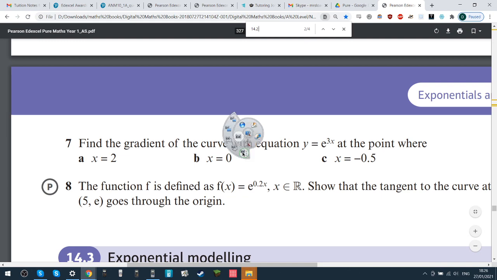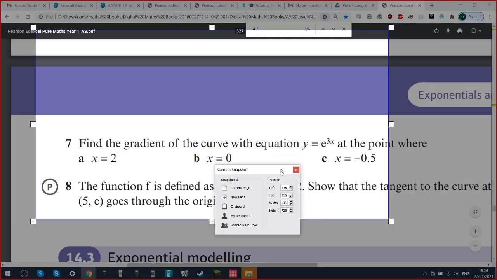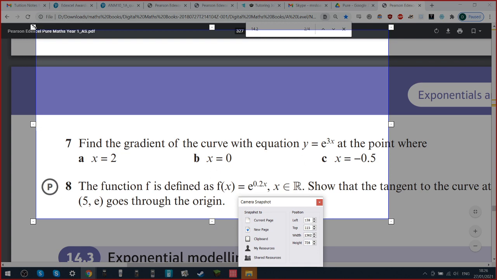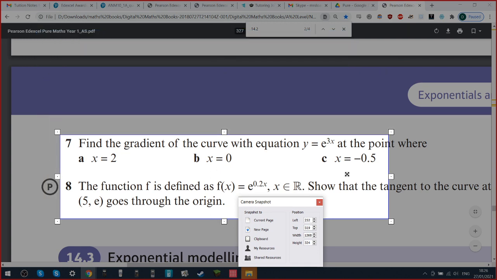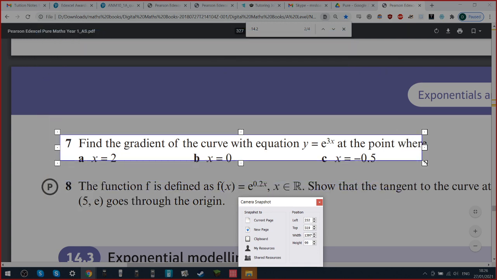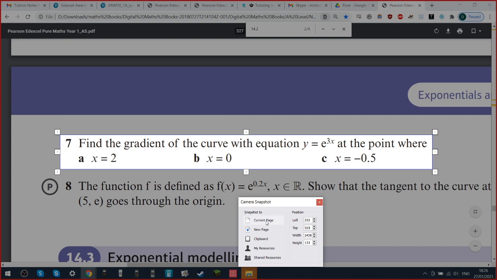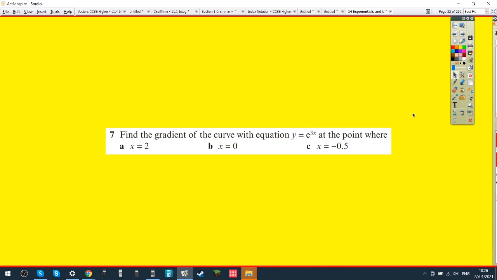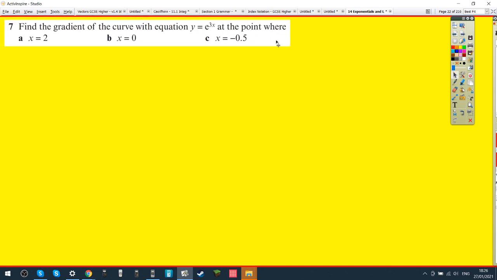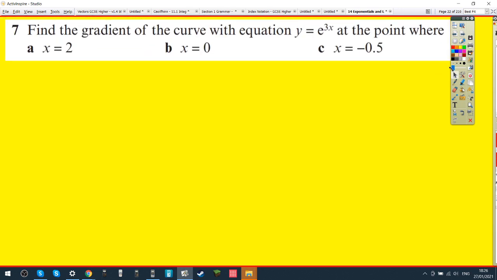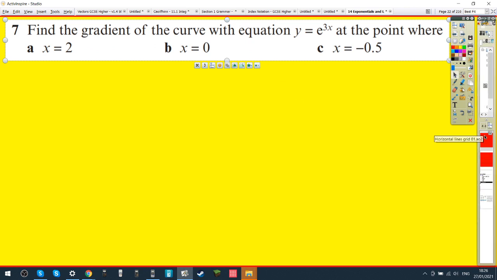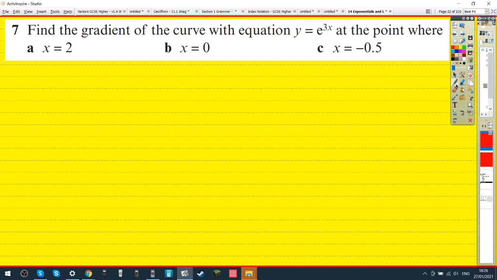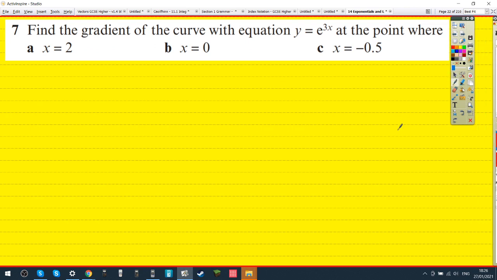Okay, let's try question 7. How do we do this? So we substitute 2 into the x. The first one, so e to the 6. And what is that e to the 6 in this one?